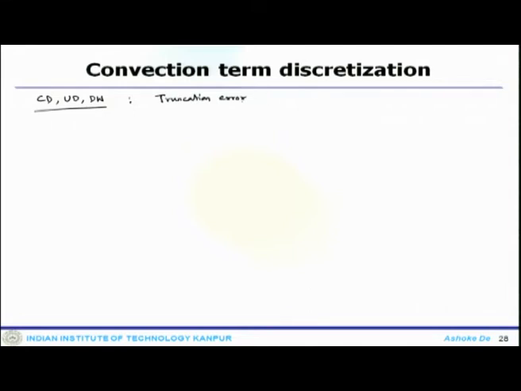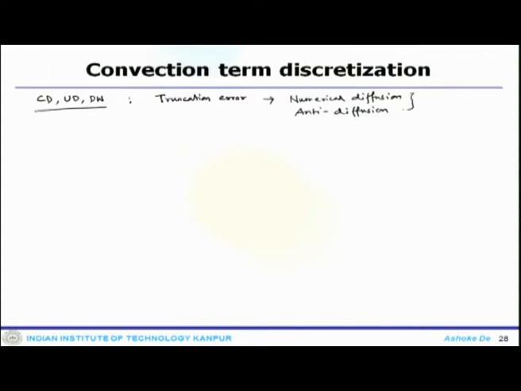This truncation error leads to some sort of numerical diffusion. So, once there is numerical diffusion, one has to take care that some anti-diffusion is also there to handle it.